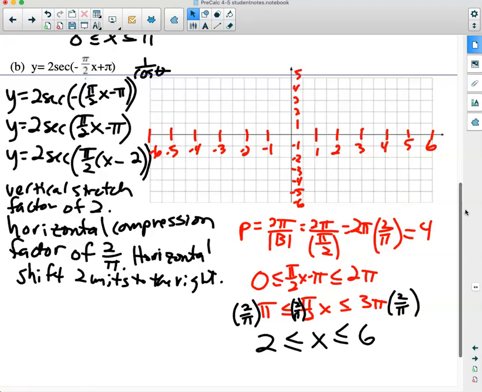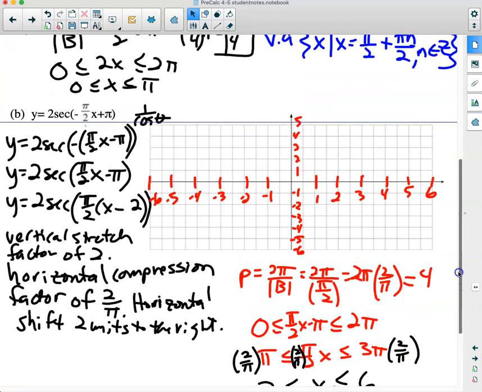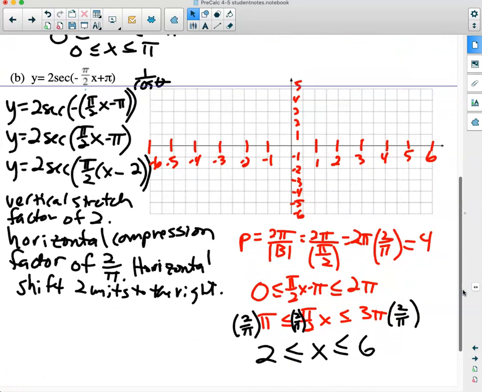So like I said, we had some interesting cosine and sine graphs that you all had to do before. Now, with this one, we do have a phase shift. So let's put a little helper on at our phase shift here. And that phase shift was 2 to the right, so we don't forget that that's our new starting point. And now let's try to put it all together here. So this is going to be our cosine graph.